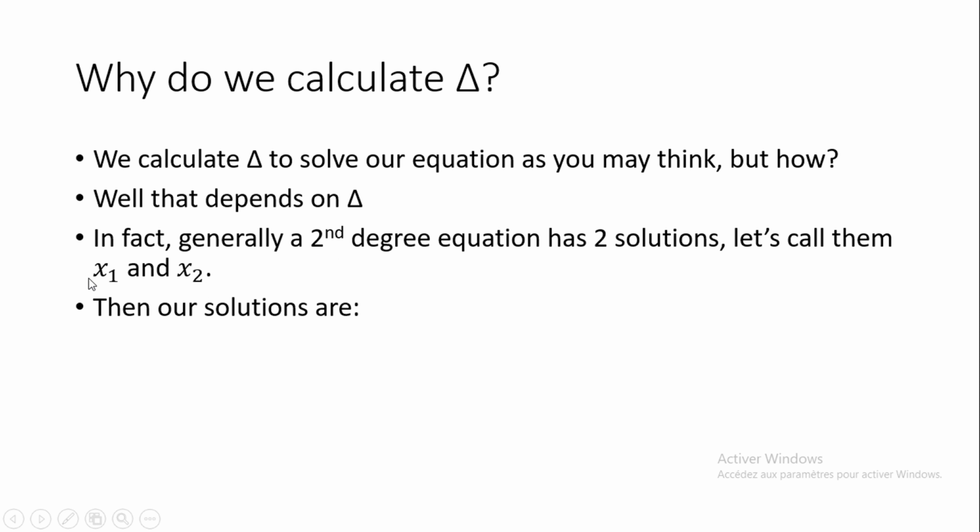So if x1 and x2 are our solutions, then we may calculate them as x1 equals minus b minus the square root of delta over 2a, and x2 equals minus b plus the square root of delta over 2a.